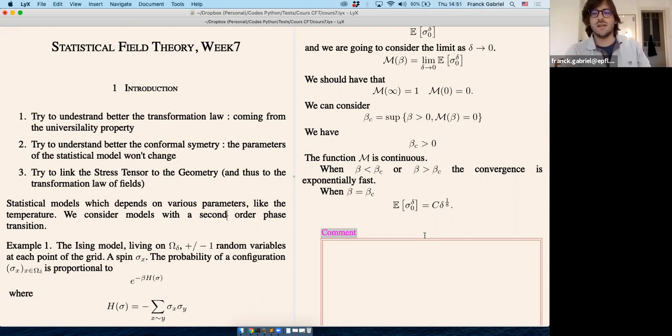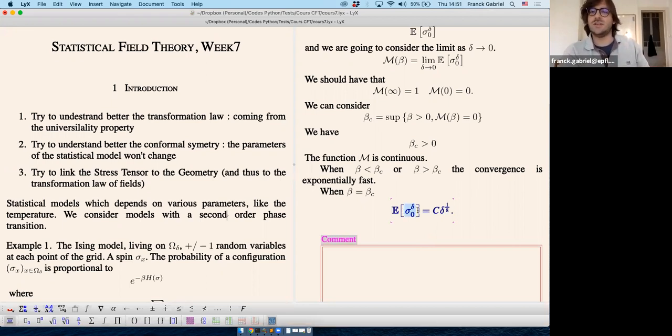Of course, we are looking at the Ising model, and one of the first fields that we want to have is to consider a scaling version of this field here. This is the easiest field that I have in my statistical model, and if I hope that I have a CFT limit and a scaling limit, and that I can do exactly the same thing as for the discrete Gaussian free field, I hope that I can have delta to the power minus something such that delta to the power minus something times sigma converges in correlation to something.